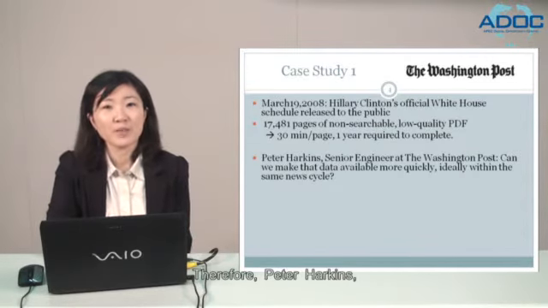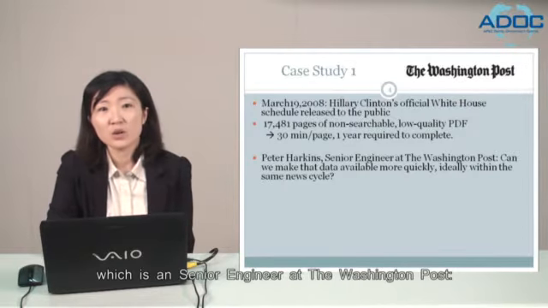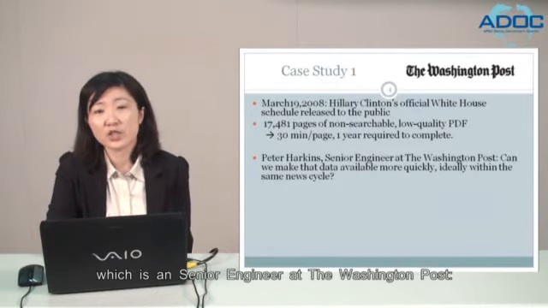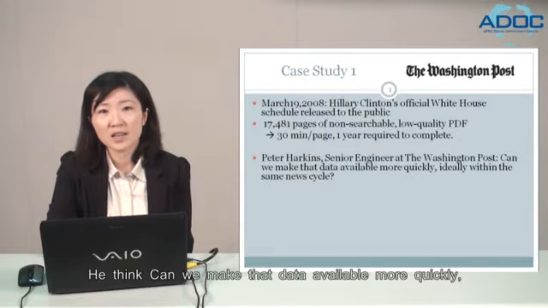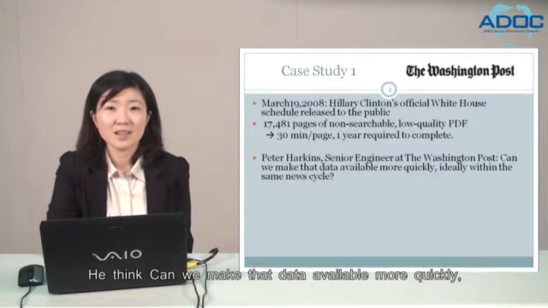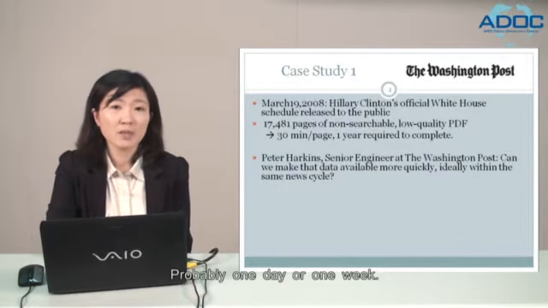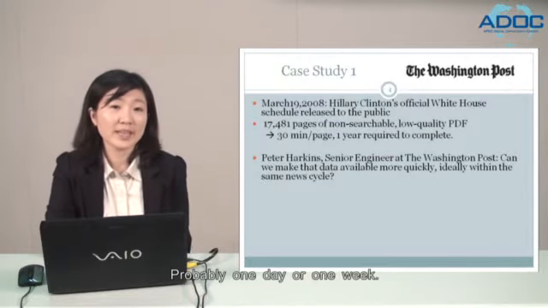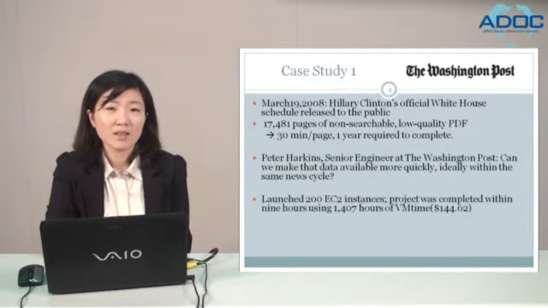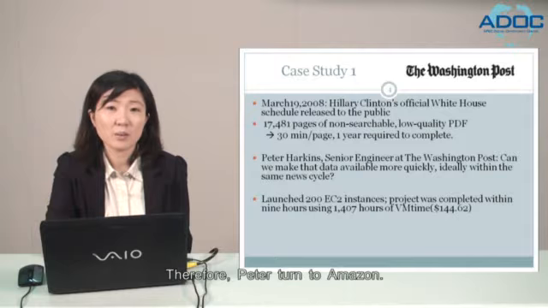Therefore, Peter Hawkins, a senior engineer at the Washington Post, thought, can we make that data available more quickly? Ideally, within the same news cycle, probably 1 day or 1 week. Therefore, Peter turned to Amazon.